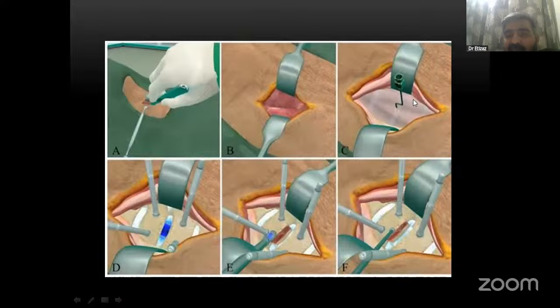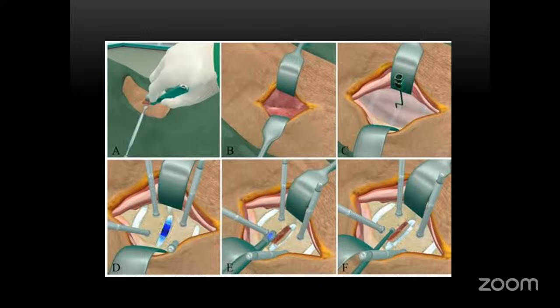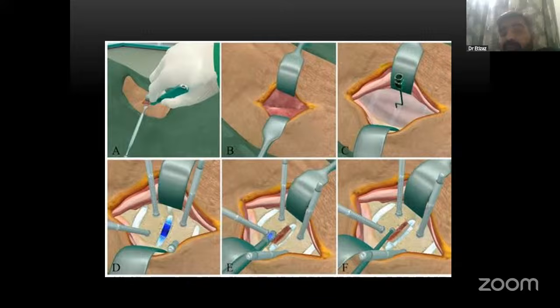After the longus colli muscle is retracted laterally, how much should it be retracted laterally? Less than 1 centimeter. 1 centimeter is too much, I think.